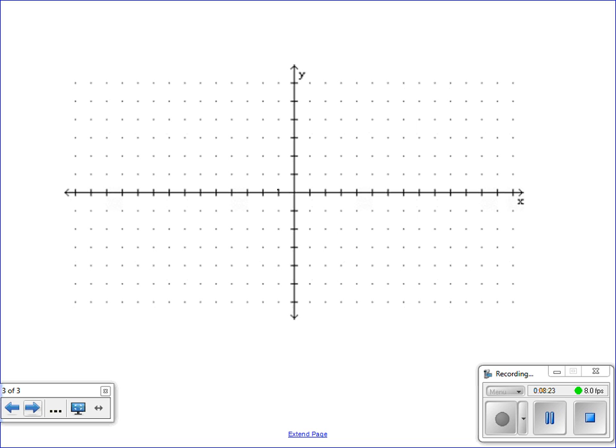We had special points at -1/2, -3/2, -5/2, +1/2, and +3/2. And this time we'll just make our y scale go up by 1 each tick mark. And let's label a few of these x tick marks.